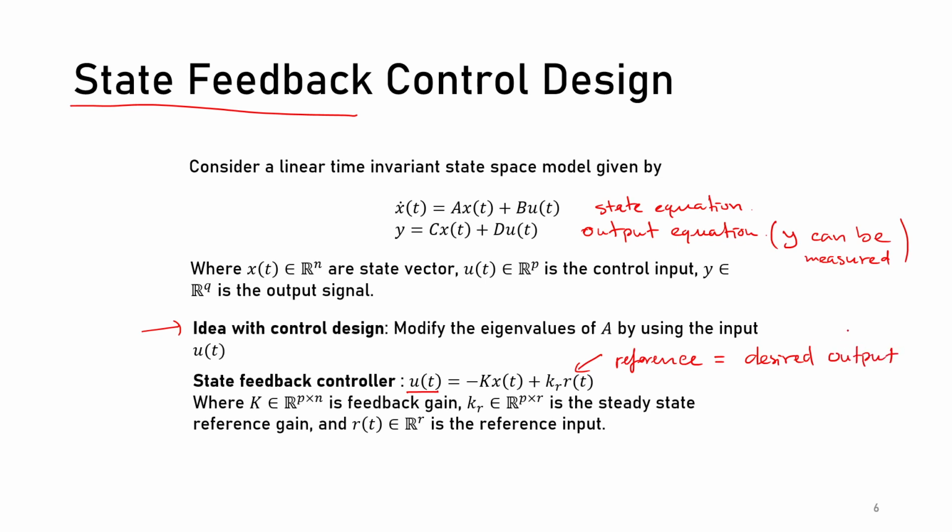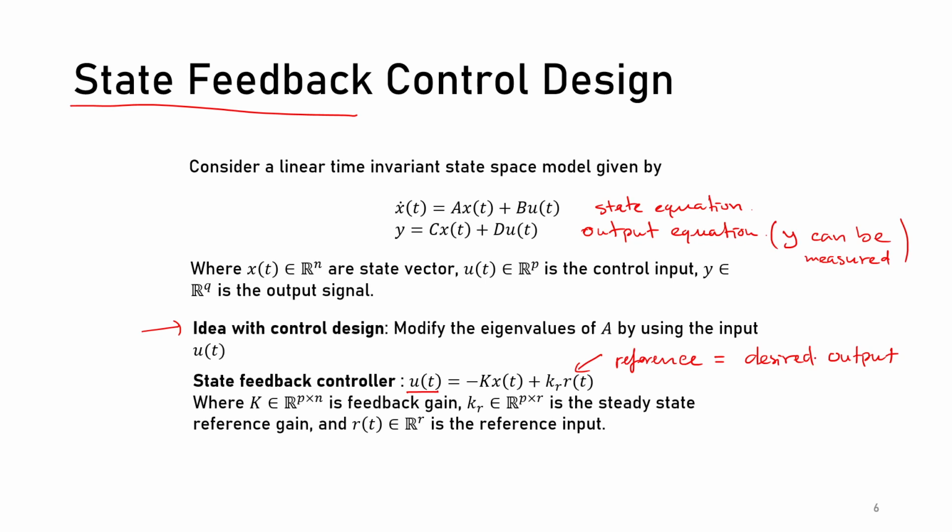Like the example previously, the output is the angle, motor angle. Then desired output means desired angle, like how much angle you want the motor to rotate. Like let's say you want it to rotate to 90 degrees, or you want it to rotate one round or one turn, so it means 2 pi, right?